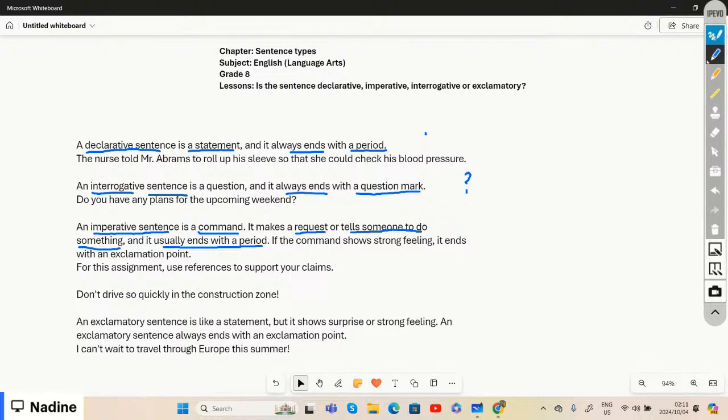Somebody requesting something or telling you to do something is not a bad thing. It's like the teacher telling you, you need to read the chapter by tomorrow. That is basically an imperative sentence.